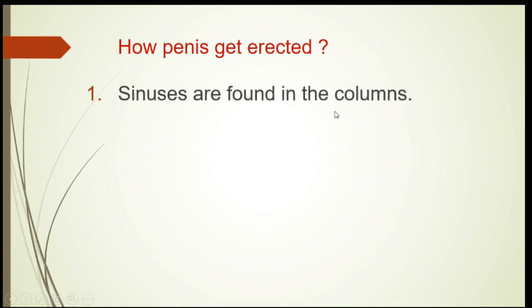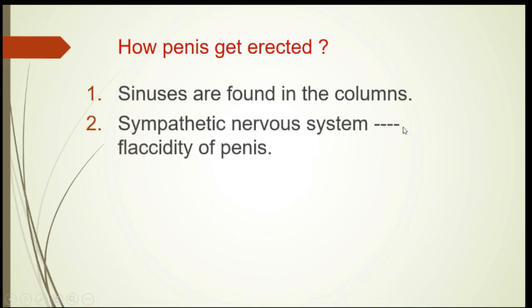We have seen the corpora cavernosa, the two columns in which the erectile tissues are found, as well as in the corpus spongiosum. These columns contain the sinuses. Sinuses are the blood vessels, so blood vessels are found in these sinuses. And we know the penis may be flaccid.